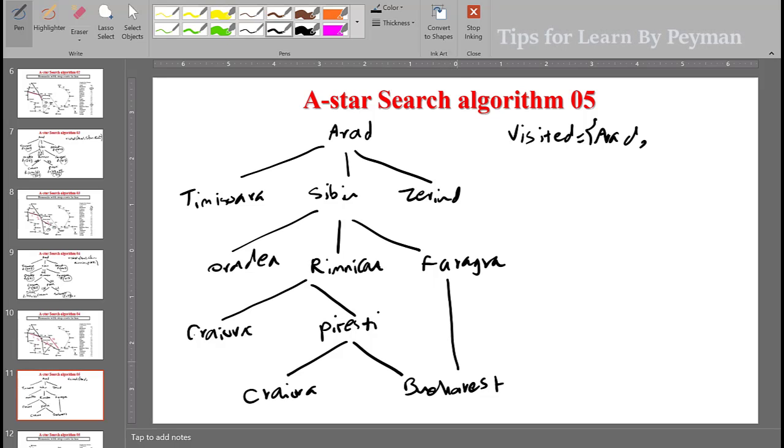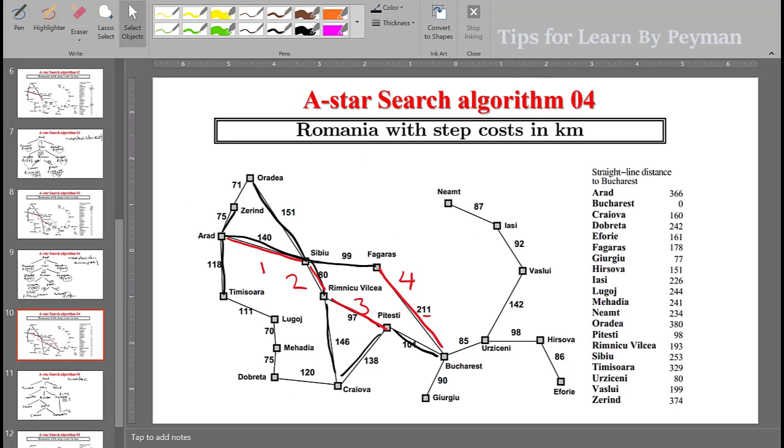path here, and the F value for Bucharest was 417, and from this path, of course, let's see what it was. It was 239, the G value for Bucharest here. So from this path, if you want to calculate the F, it would be the 211.